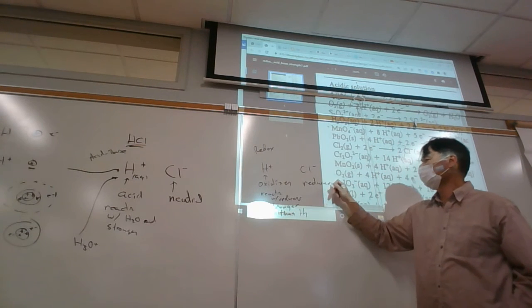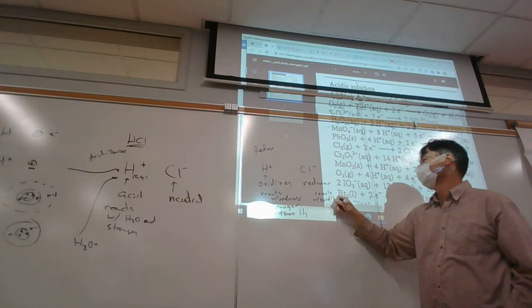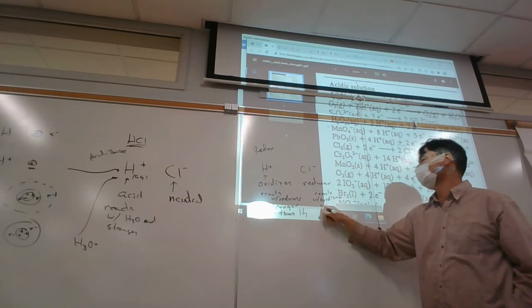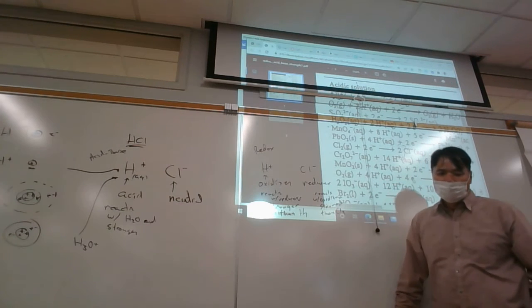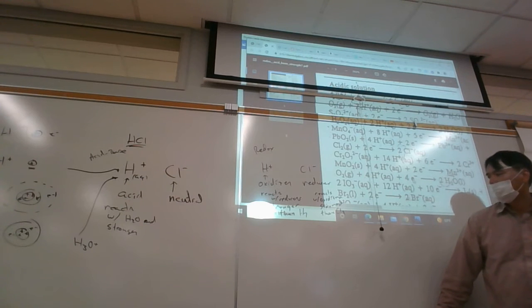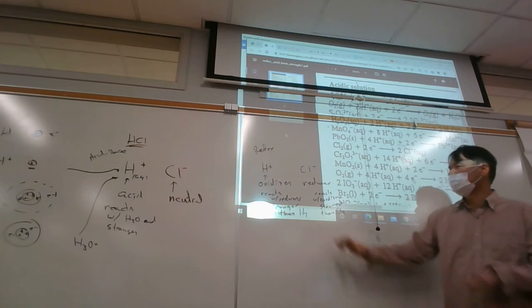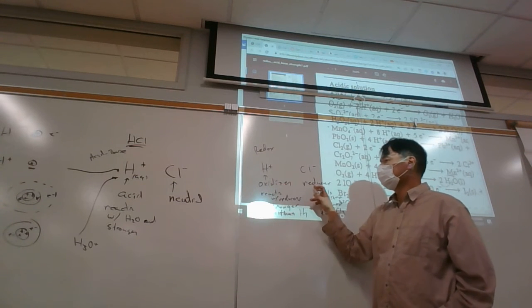Chloride's a reducer, and that reacts with oxidizers stronger than chlorine, Cl2. Chlorine's a great oxidizer, and so chloride is a pretty poor reducer.